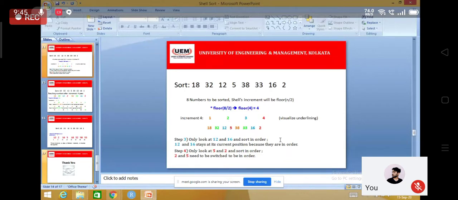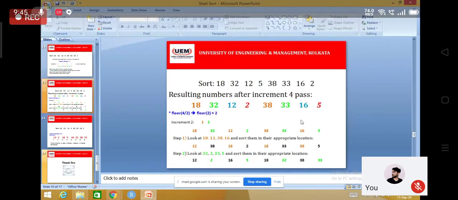But if you look at this 5 and 2, they are not in the proper arrangement, so swap their position. So after that, you have done one total iteration, and you will get 18, 32, 12, 2, 38, 33, 16 and 5. And you can see the position of 2 and 5 is being exchanged.